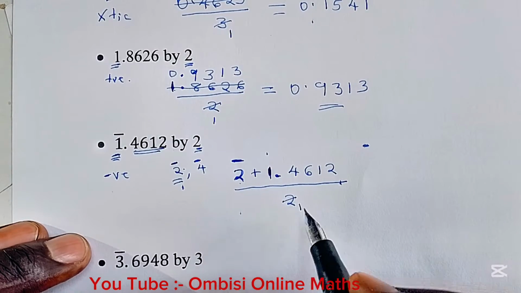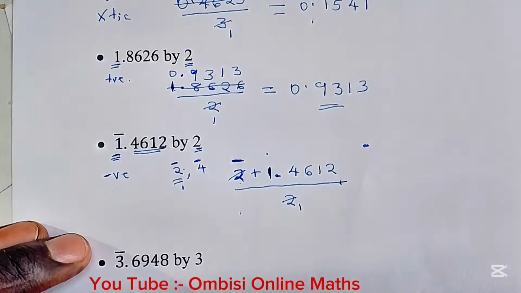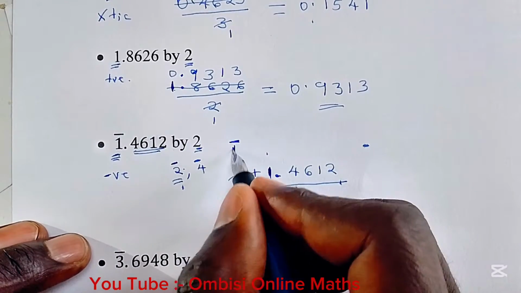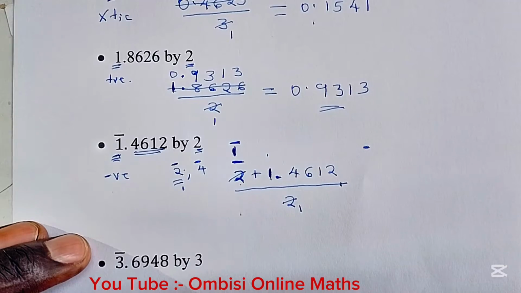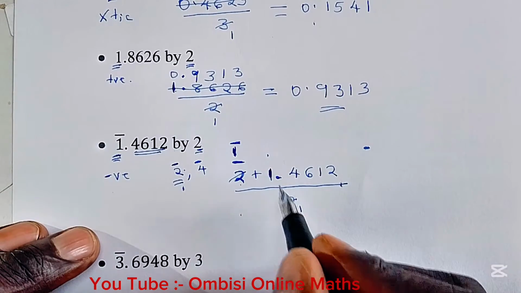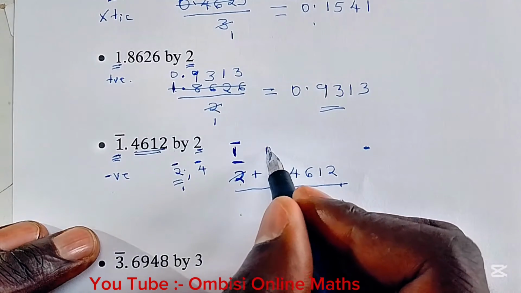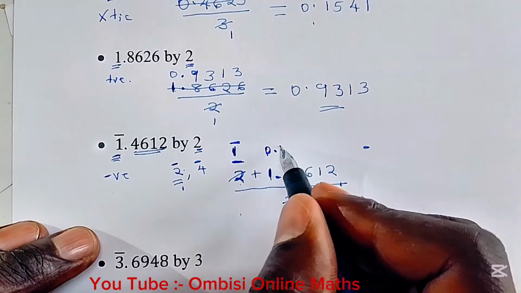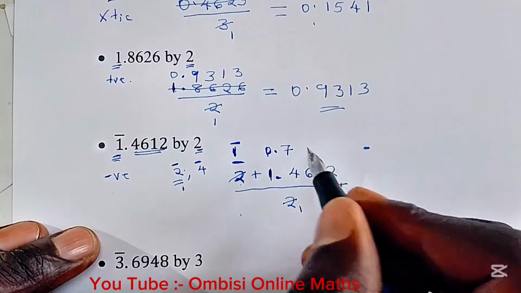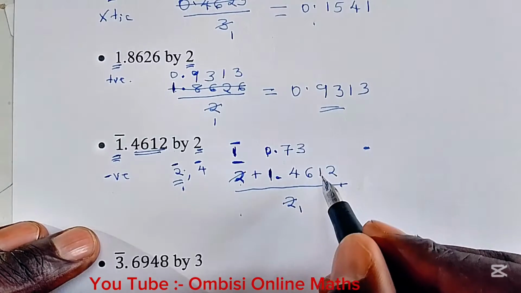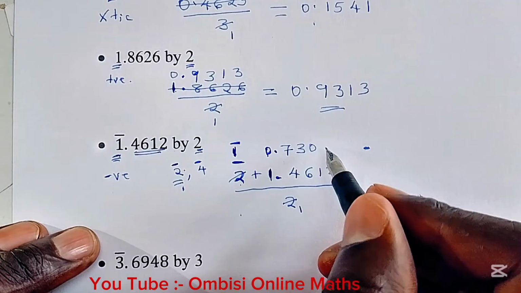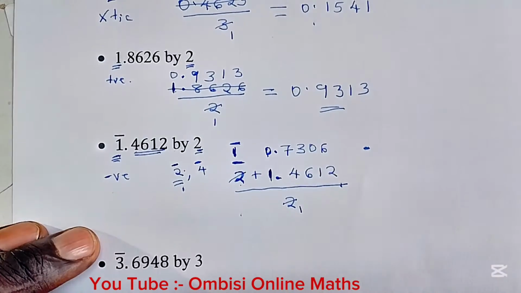2 into bar 2, it is bar 1. Now, 2 into 1, it is 0. Point, carry 1 to the next. Into 14, it is 7. Into 6, it is 3. Into 1, it is 0. But now into 12, it gives us 6.